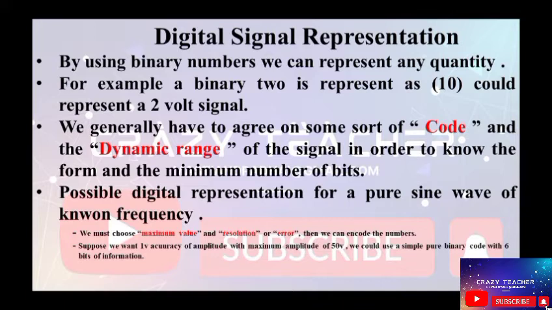If you look into different systems, you will see that all these different types of representations are possible. So we must agree on some sort of coding, and the dynamic range of the signal that we want to represent. Whenever we are talking about some representation of a number, we are dedicating a certain number of bits or digits for that purpose.